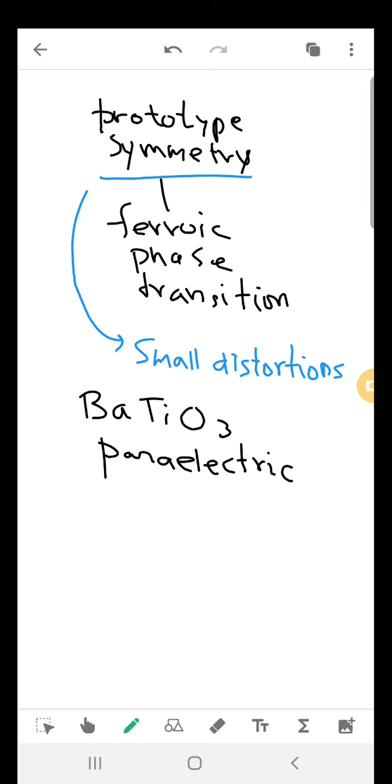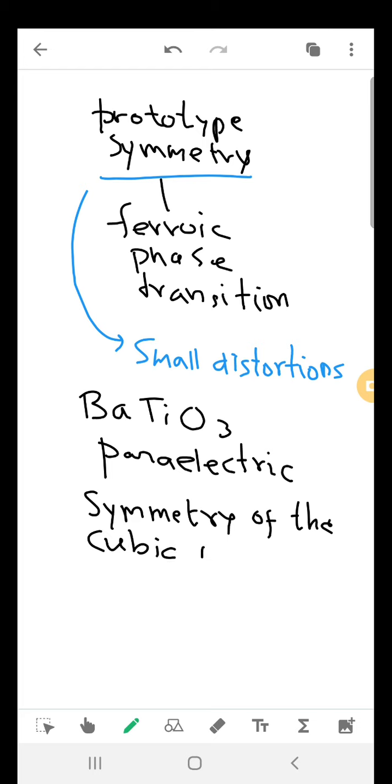Now, the symmetry of the cubic phase, that means when T is greater than certain temperature, is a prototype for its tetragonal ferroelectric.